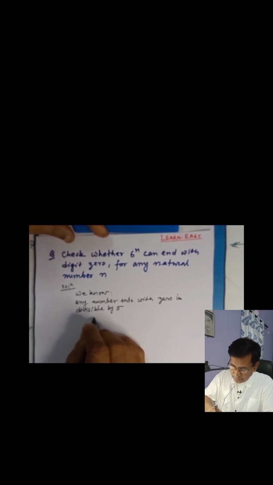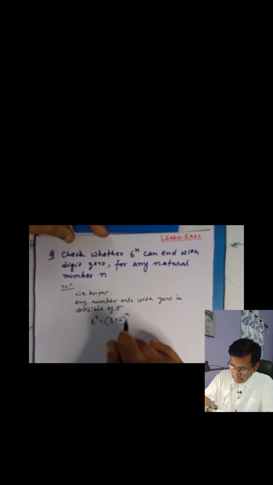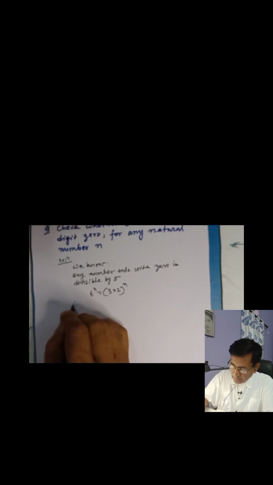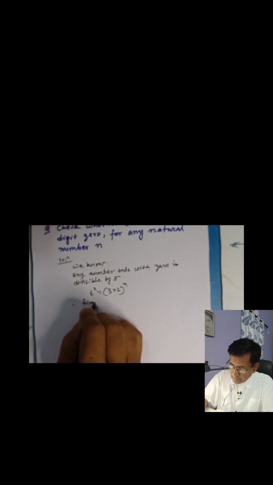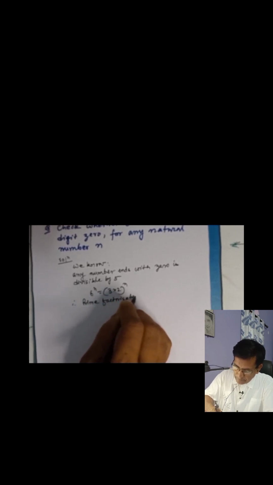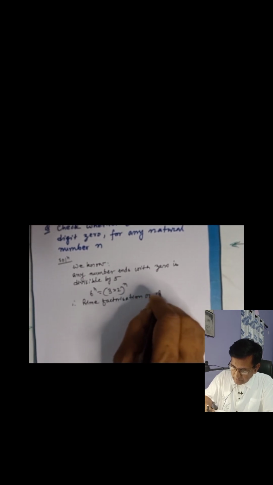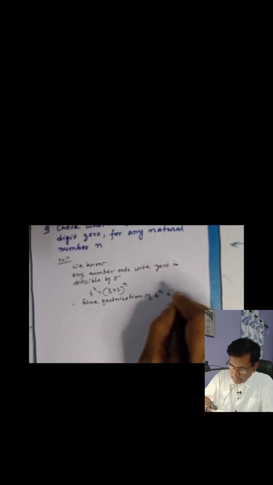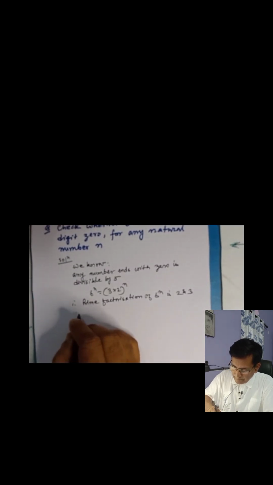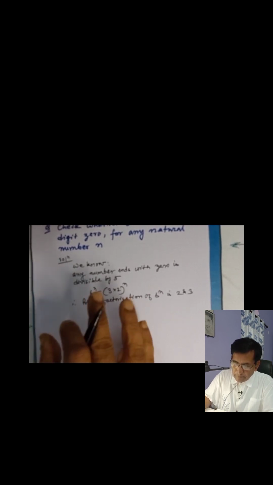Now 6 to the power n is equal to 3 into 2 to the power n. Therefore, prime factorization of 6 to the power n is 2 and 3. The theorem of arithmetic guarantees that there is no other prime in this factorization.